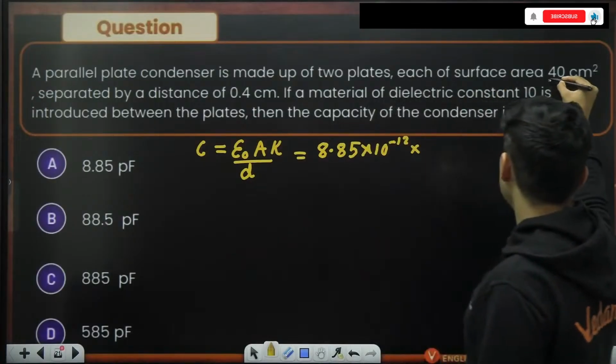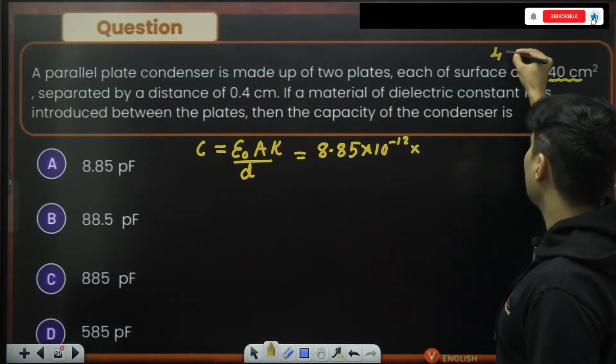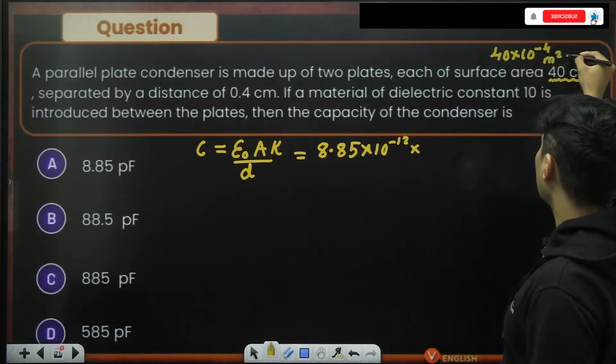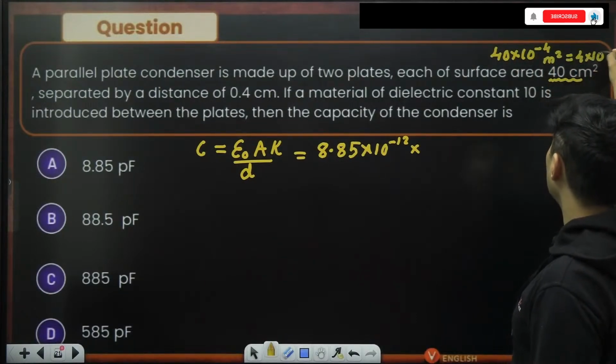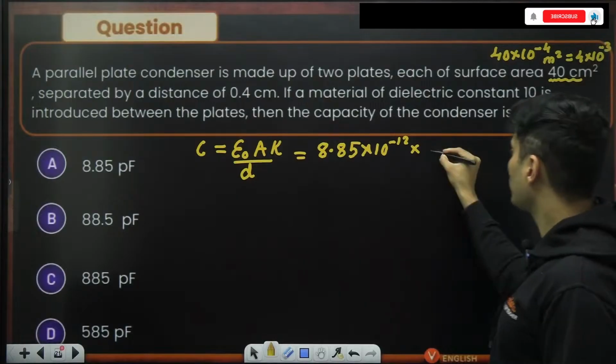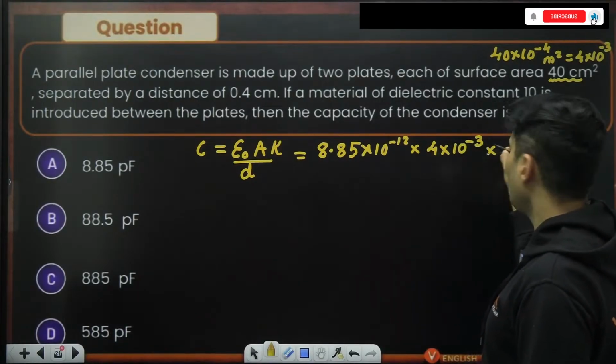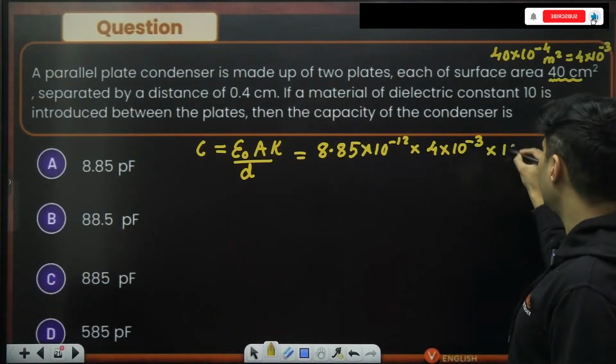Area 40 centimeter square is the same as 40 into 10 to the power minus 4 meter square, which is 4 into 10 to the power minus 3. So area is 4 into 10 to the power negative 3. Dielectric constant is 10.